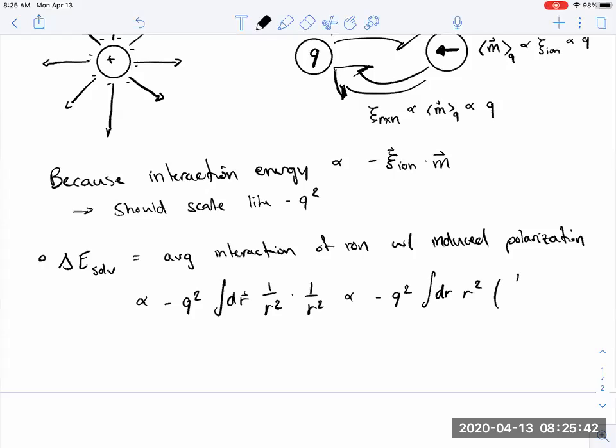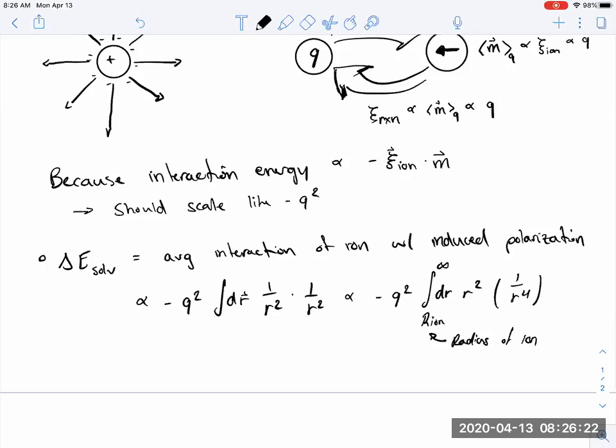The field, then two combinations of such gives us 1 over r to the 4. And we're going to integrate that up to infinity, but down to the size of the ion. We're going to imagine that the solvent exists only in some region past some excluded volume region that signifies the scale of the ion itself.